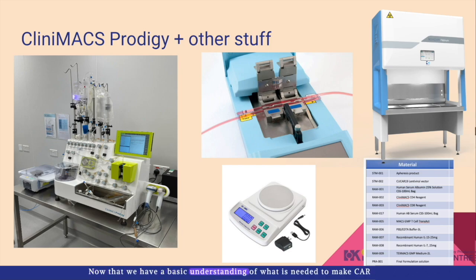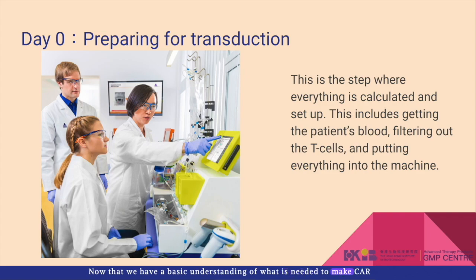Now that we have a basic understanding of what is needed to make CAR T, let's start talking about how to make it. Making CAR T cells here at HKIB requires 12 days of cultivating CAR T. But first, we start with day 0 before we start manufacturing CAR T cells.